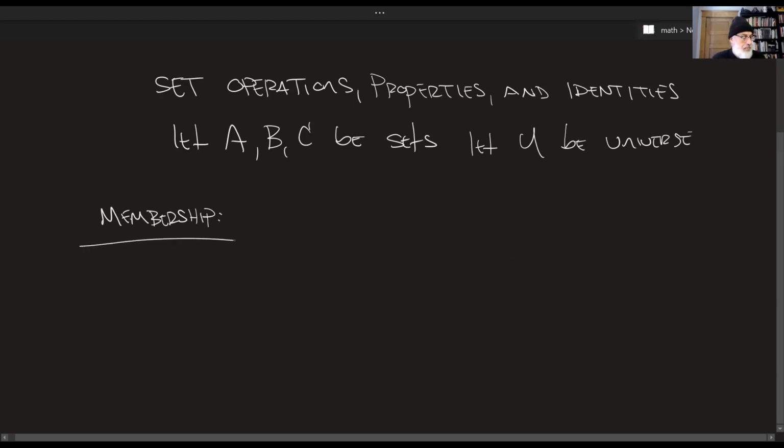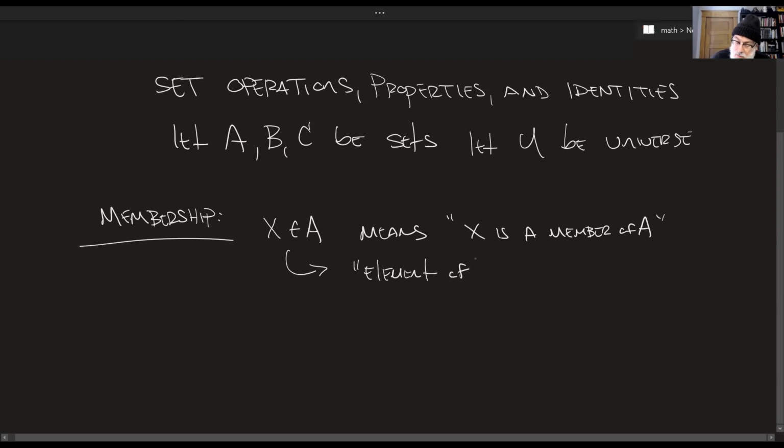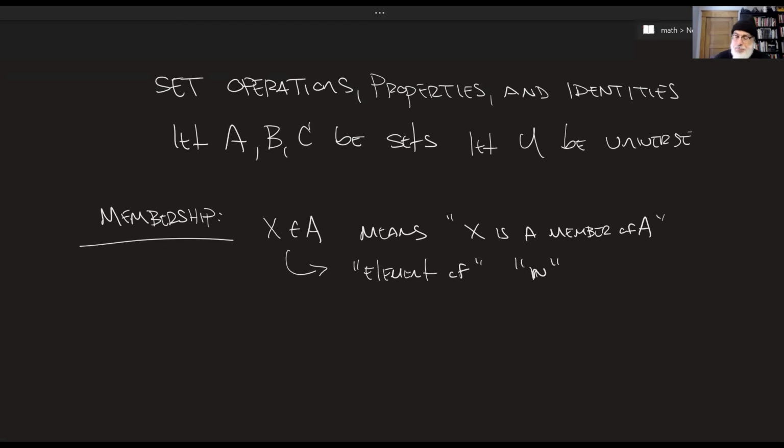So if A is a set, we say that x is in A. This means that x is a member of A. This means element of, and sometimes we will say in. So when I read that, I will say x is in A, or x is a member of A, or x is an element of A. All of that will mean the same thing.